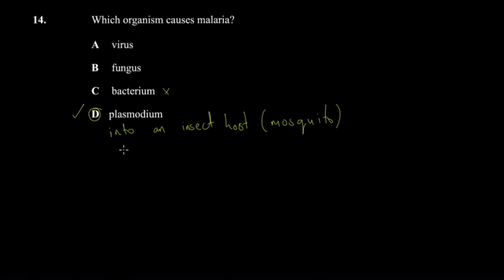There's a reason why it chooses a mosquito: a mosquito is blood feeding. A mosquito actually loves blood. So it also makes for good nutrition for this parasite here. Parasite means that it's feeding off of another organism. So it just attaches itself so that it gets this gain, so blood.